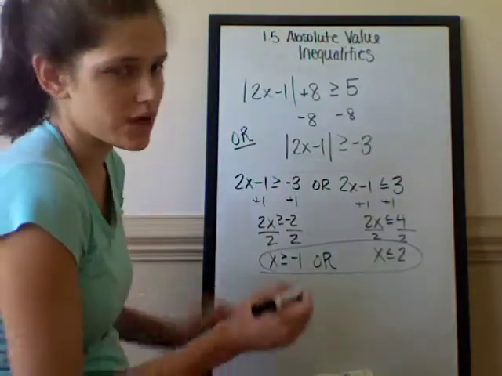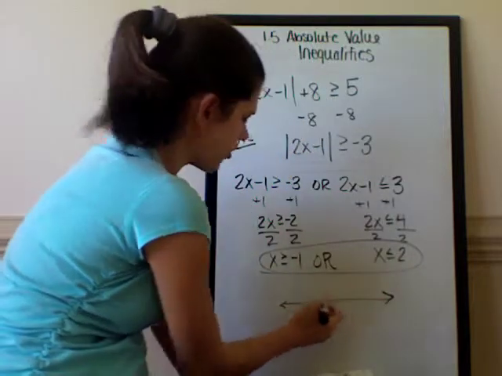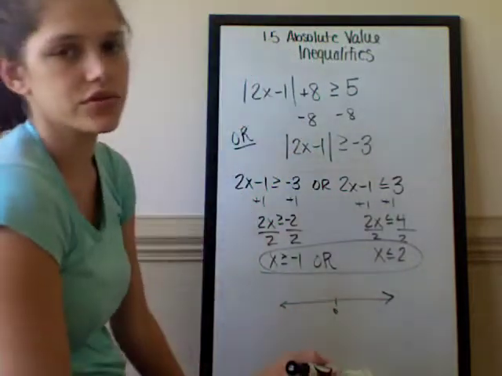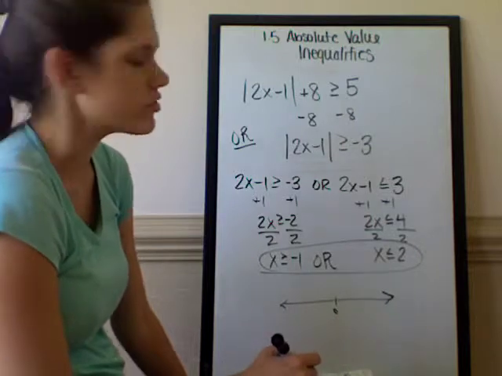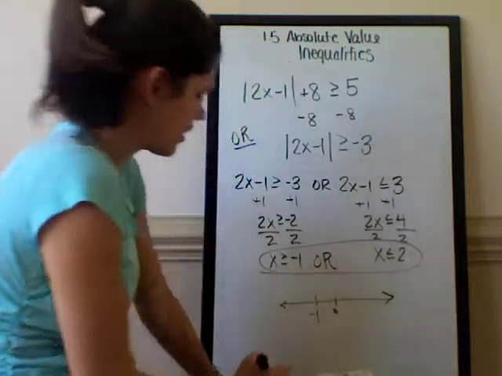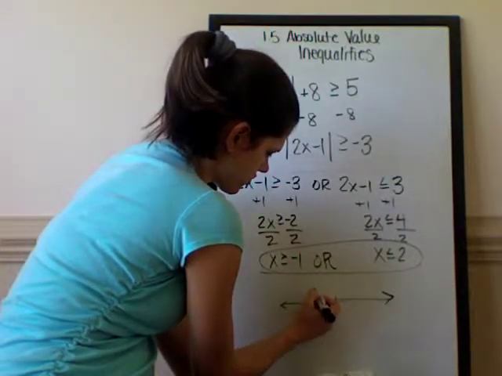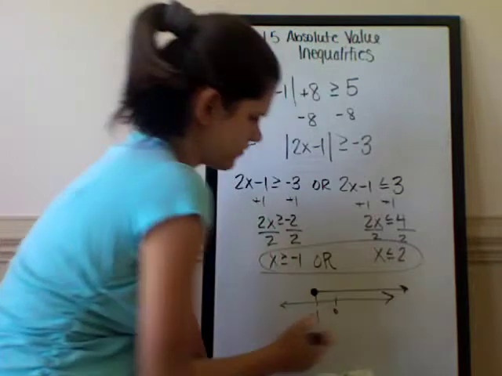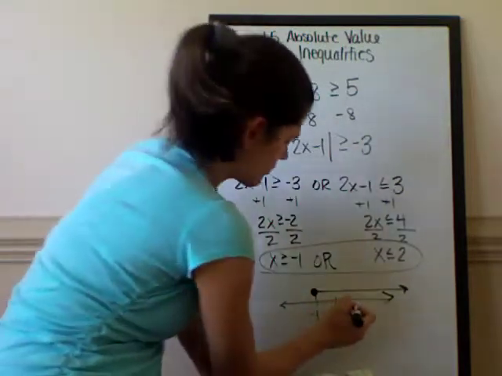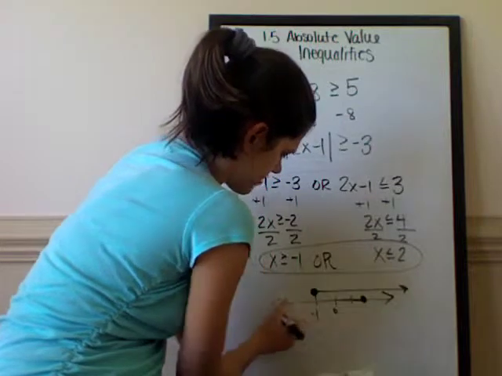Now what happens is when I graph this, which remember I said you should always do, because that's how you determine whether you've got real or no solutions. Alright, I've got -1 here. If I take that, I go closed circle, greater than, and then at 2, the closed circle and less than.